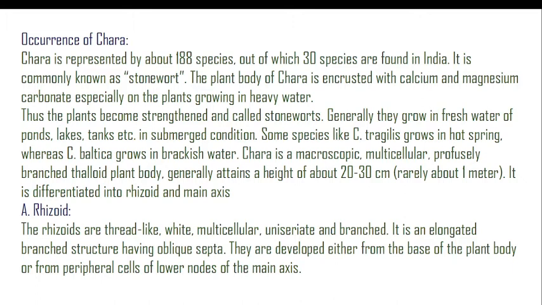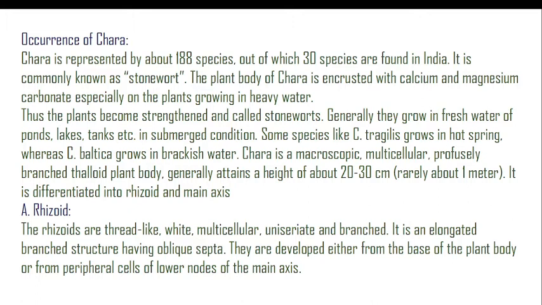Thus the plants become strengthened and are called stoneworts. Generally they grow in fresh water of ponds, lakes, tanks. Sometimes a species such as Chara tragalis grows in hot water springs, whereas Chara baltica grows in brackish water.